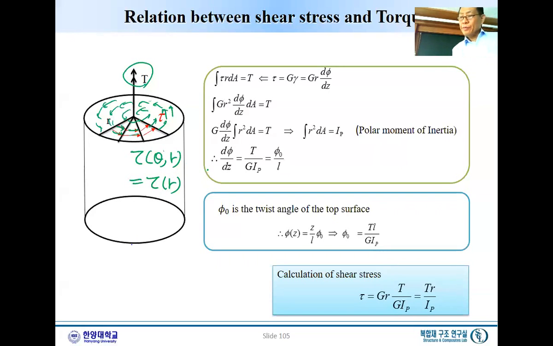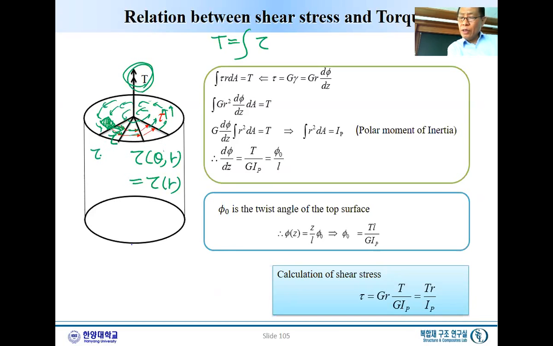Now, by definition of equilibrium, whatever we apply, T will be the external load, and this is the internal load carried by tau. Let's consider a cross section, and tau is applied here.